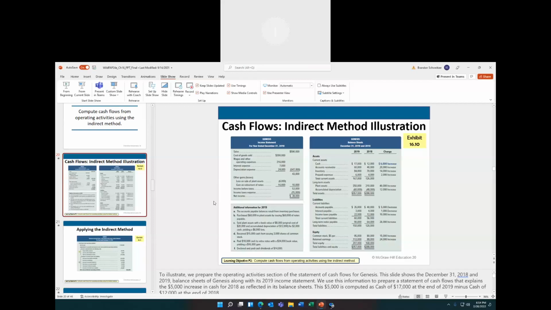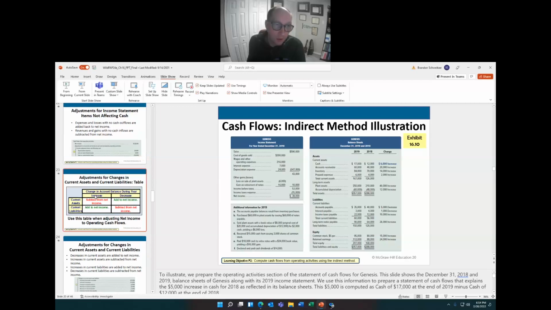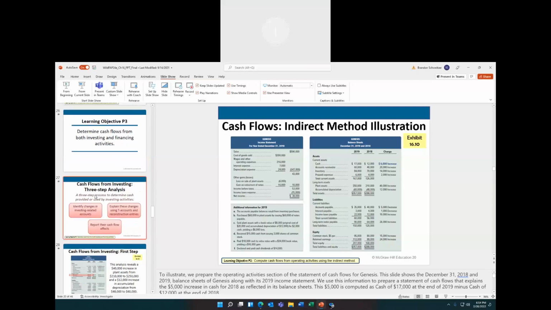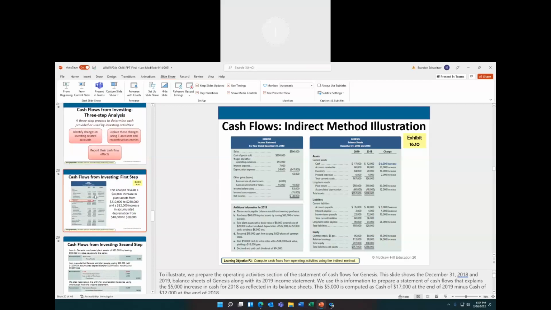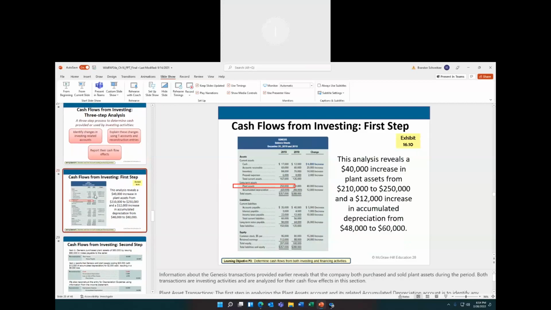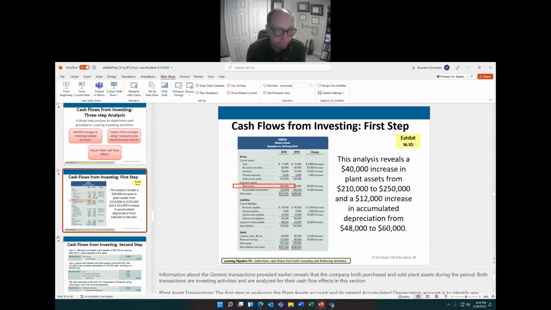And for the other two, you can use the same approach, and you get just the accounts that are related to the investing and the financing. Correct, that's absolutely right. You can use that same approach, or you can use the direct method, whichever's easiest. Because the direct method is really the easiest.